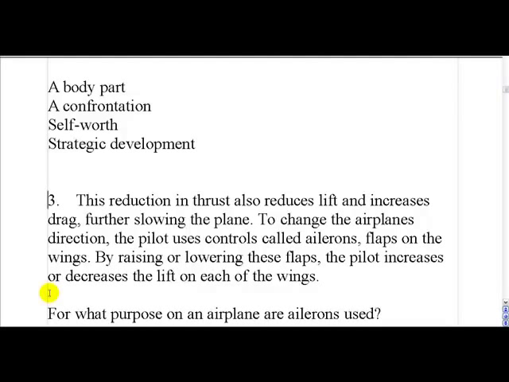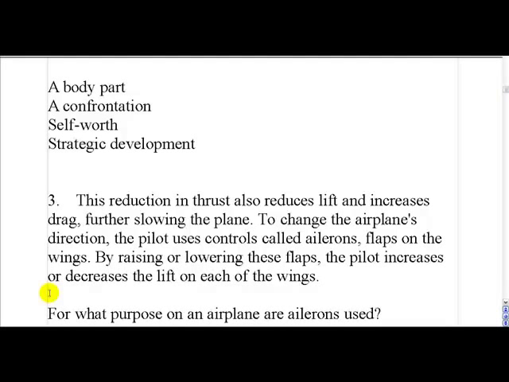The reduction in thrust also reduces lift and increases drag, further slowing the plane. To change the airplane's direction, the pilot uses controls called ailerons, flaps on the wings. By raising or lowering these flaps, the pilot increases or decreases the lift on each of the wings.